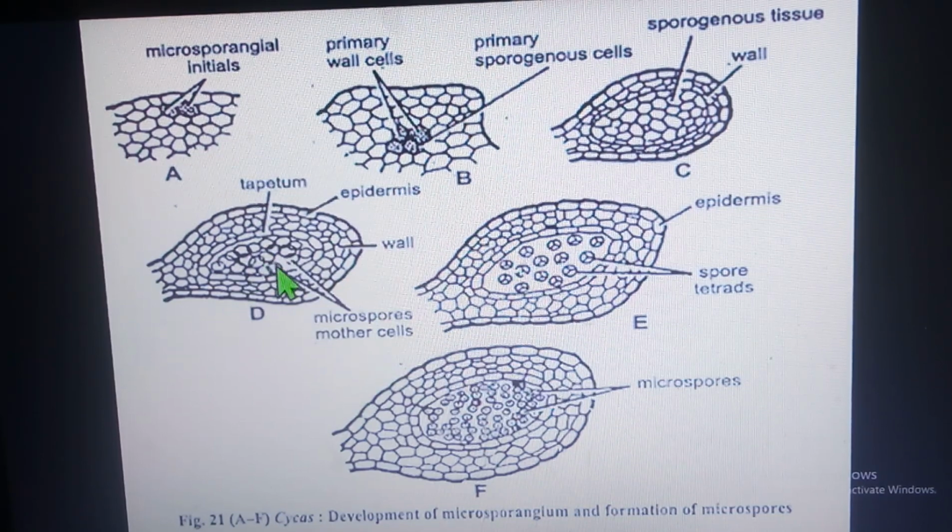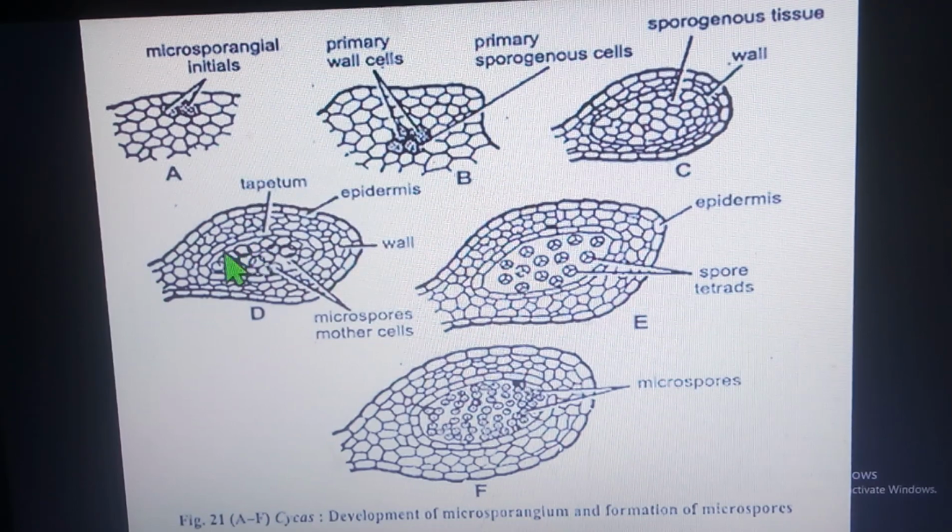Now, not all of these will become microspore mother cells. Some will get disintegrated with the tapetum, and they will provide nourishment for these microspore mother cells.